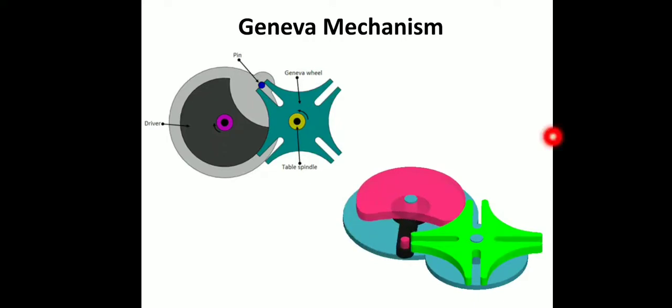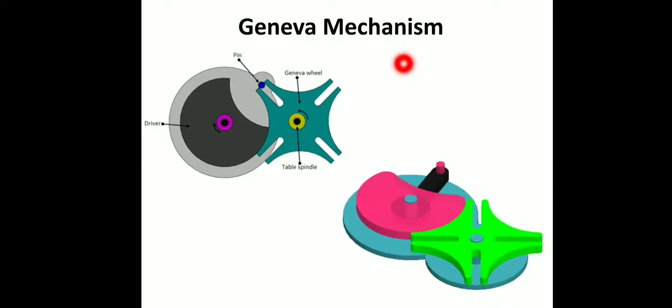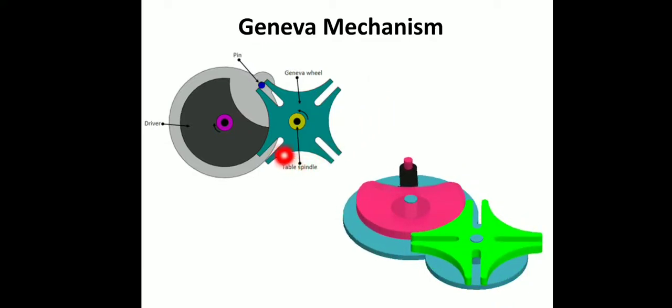And finally, we are going to study what is a Geneva mechanism. Geneva mechanism is an important mechanism in mechanics of machinery, and it is widely used for intermittent motion. Here you can see the main parts are driver wheel, Geneva wheel and pin.